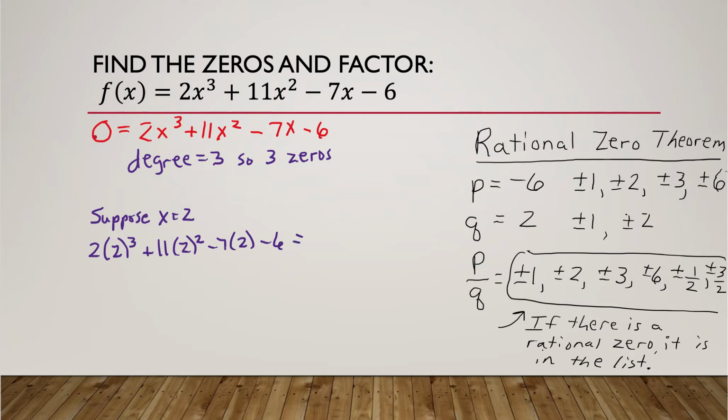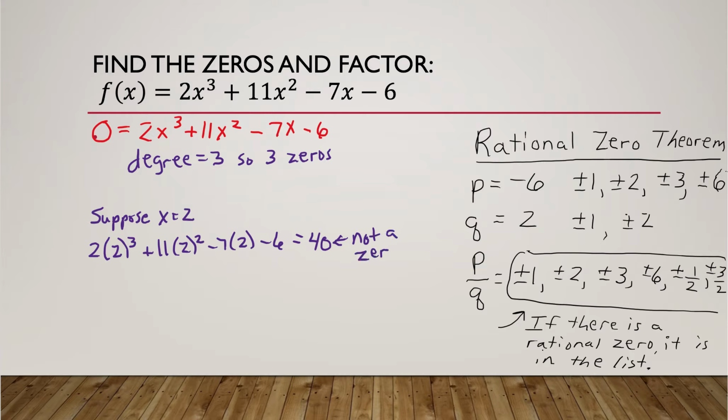All right, and then I'm going to go to my calculator with it and calculate what that's equal to. Now, I realize this is a little tedious. We're going to learn better ways to do it, but for right now, we're going to look at this and say, okay, the calculator gives me 40. So I know that this is not a 0 for the function. 2 is not.